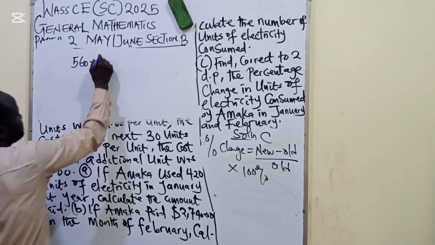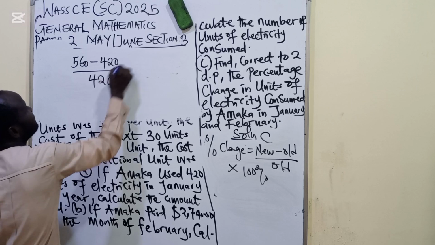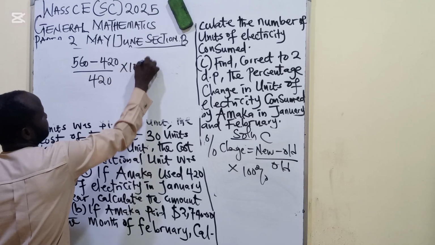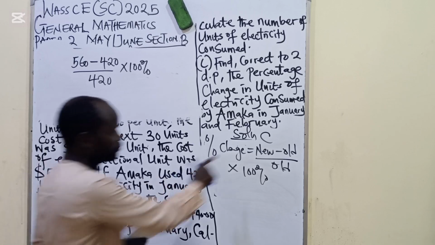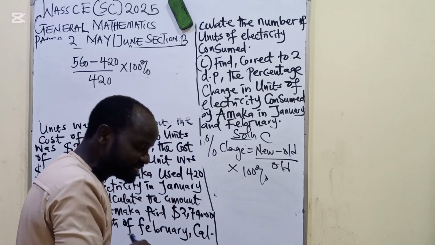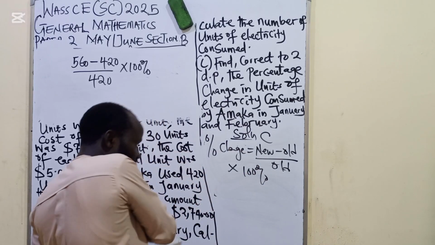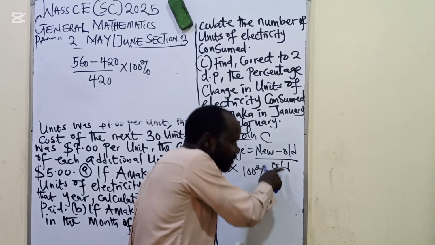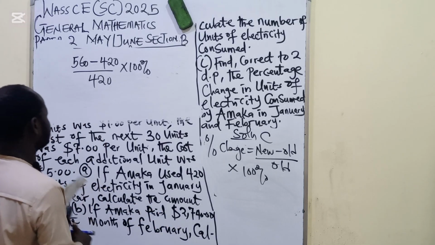So it will be 560 minus 420 divided by 420 times 100%. As I said, percentage change is nothing but the new unit minus the old unit that she used in January, divided by the old unit, times 100%. Very important.